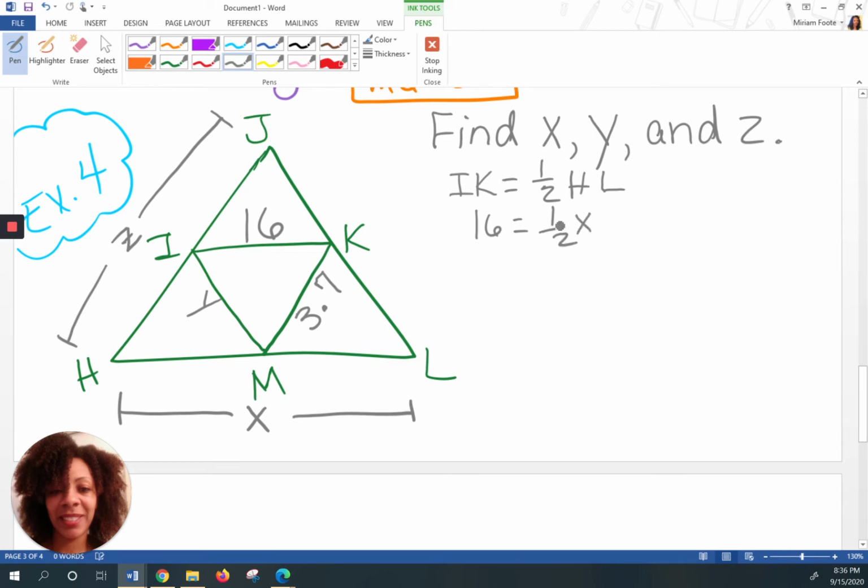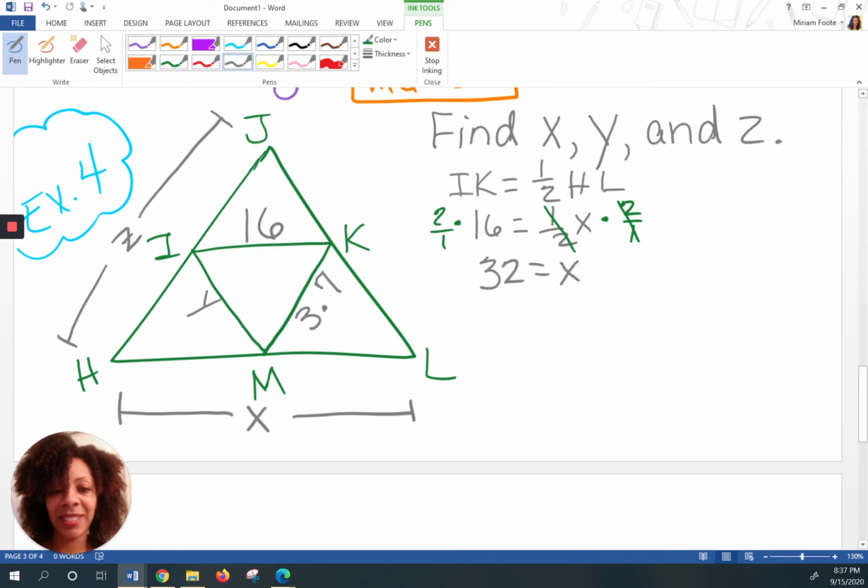Again, I have a fraction I'm trying to get rid of, so what I want to do is the inverse. I keep saying inverse, I mean reciprocal. 2 over 1, 2 over 1 of this fraction. And then 2 times 16 is going to leave me with 32 equals x.